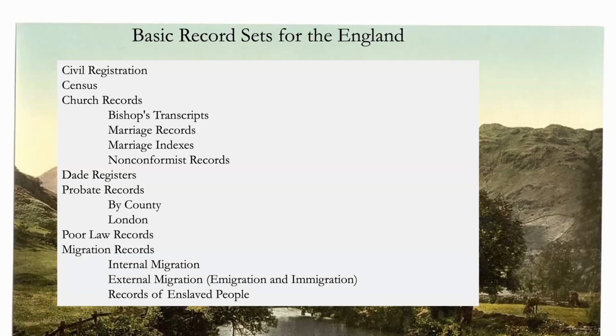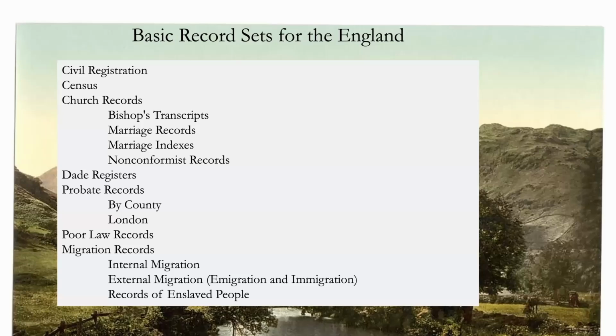You may not guess that your people are nonconformists until you find out that they're impossible to find in the parish registers, and then you realize they may not even have been members of the Church of England. There are deed registers, which are lists of people, probate records by county, London, poor law records.